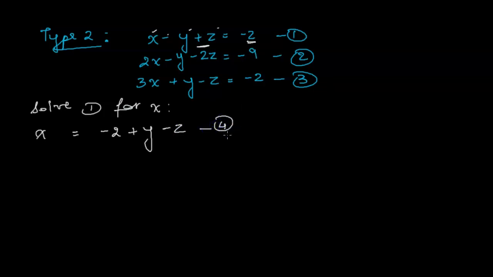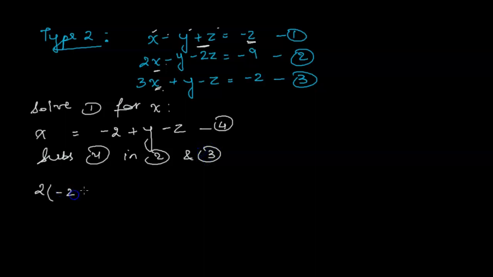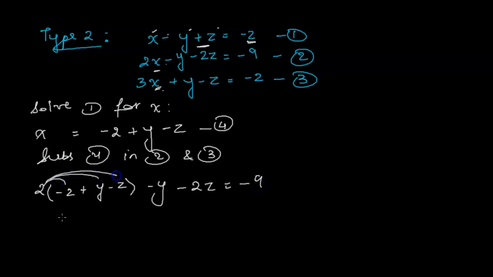Now all we have to do is substitute equation number 4 into both the second and the third equation for x, such that we have equations 2 and 3 in the form of y and z only. So we substitute 4 in 2 and 3 in place of x. So we have x as -2 plus y minus z, minus y minus 2z is -9. Simplify it by expanding.